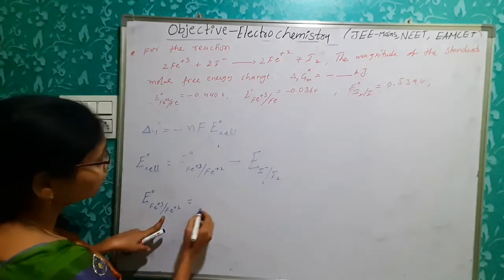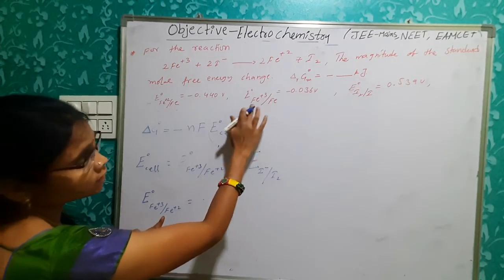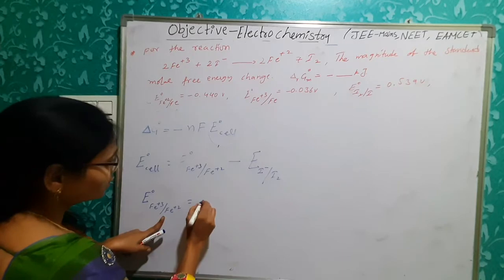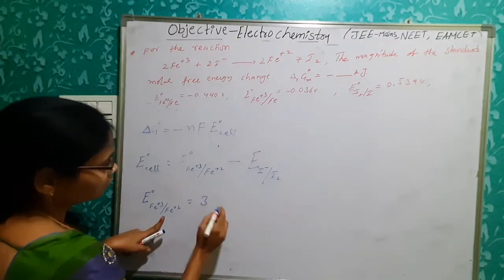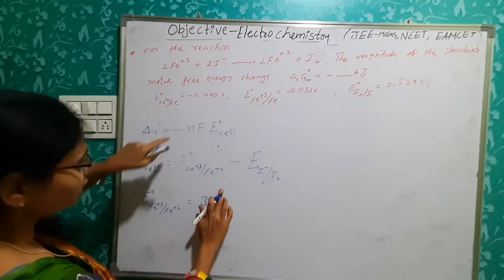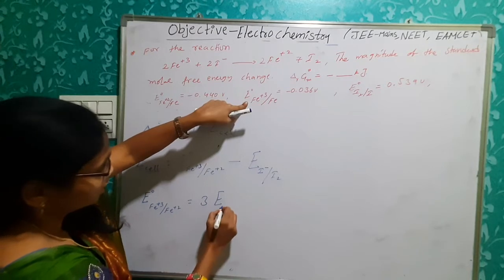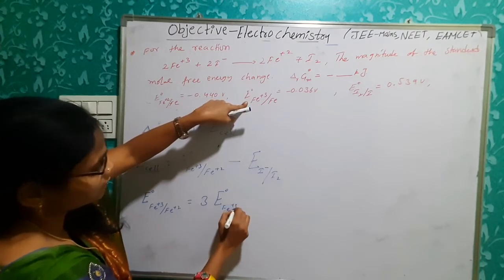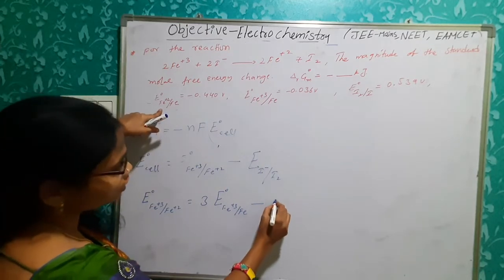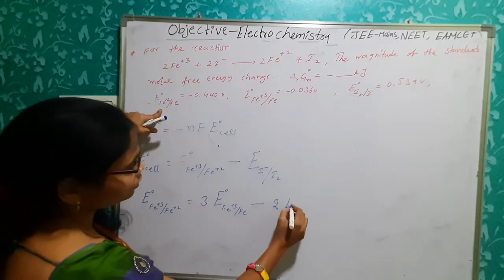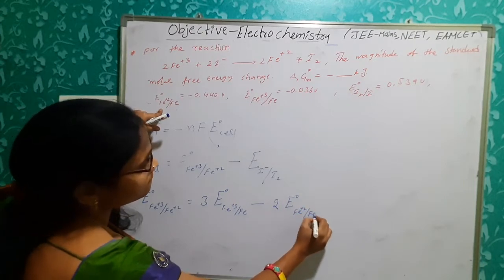So simply here, how many electrons are transferred? 3 electrons are the difference. So 3 into E° of Fe³⁺/Fe minus, here how many electrons are changed? 2. So 2 into E° of Fe²⁺/Fe.